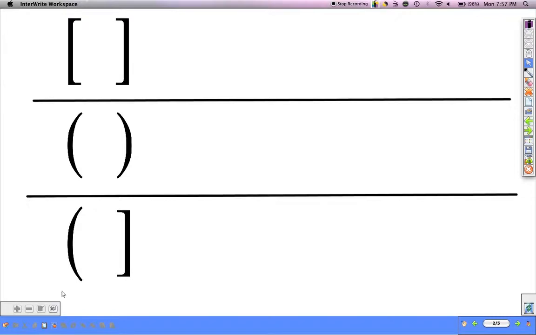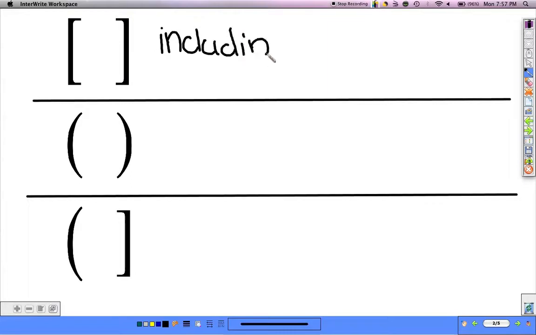So the symbols that we use in interval notation are going to be either square brackets, and what these mean is that we're including our jumping off number, or the number that we used to start with.